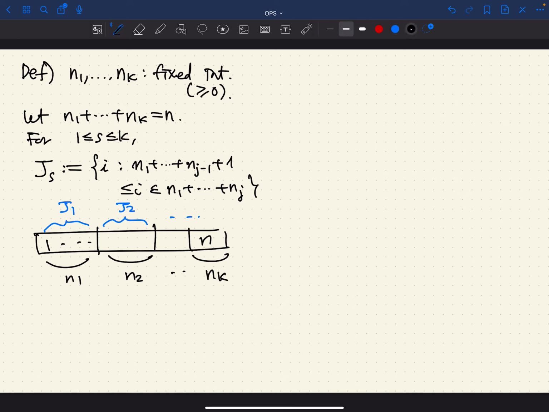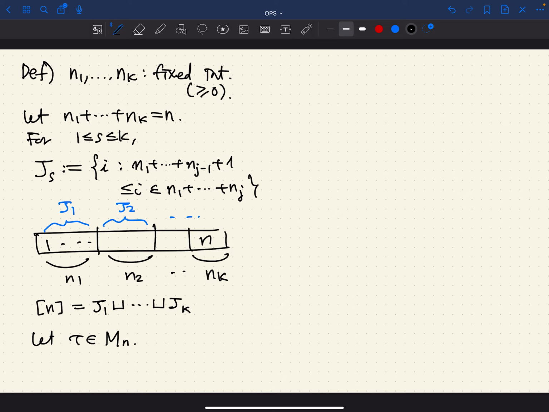But they could be of size 0. And so n is the disjoint union of these sets. The cup means disjoint union. Okay, now let tau be a matching.